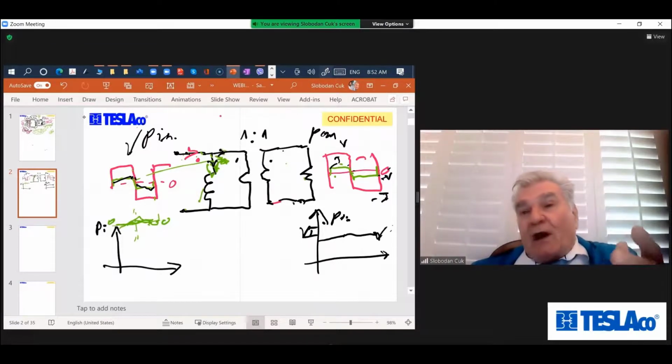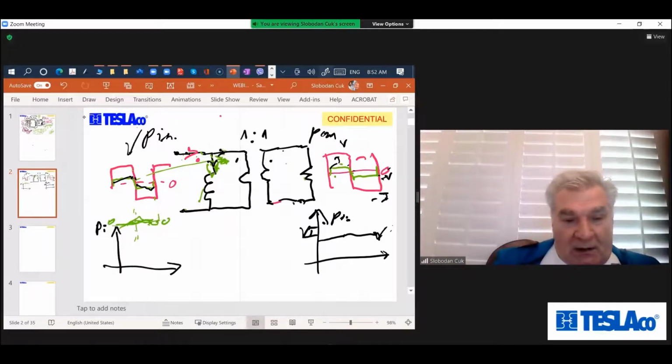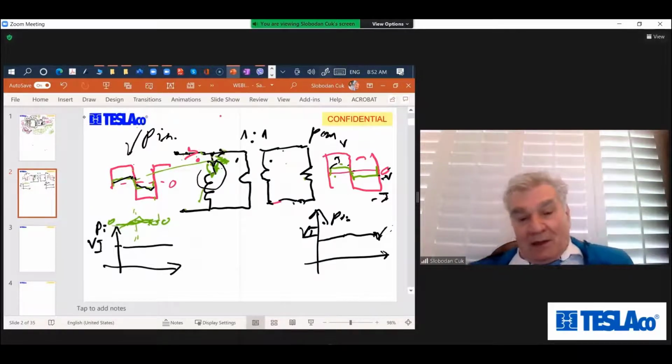So there is no fluctuation in the power on the output when the square wave is driven. What about the input side? Not including this here, it will be voltage times square wave current. It'll be the same VI. You agree with that? So input power and output power will be the same.